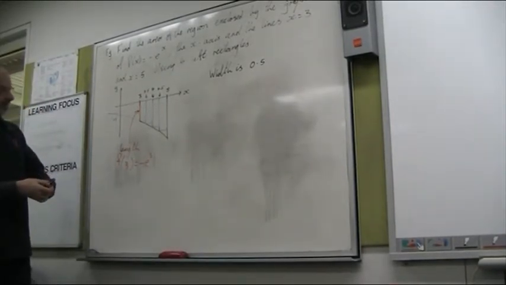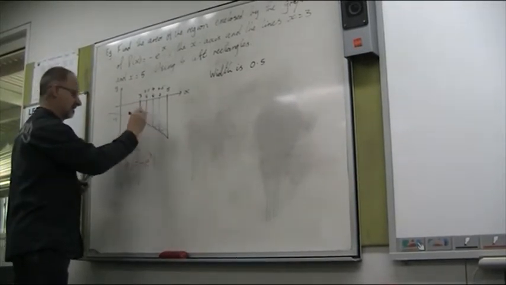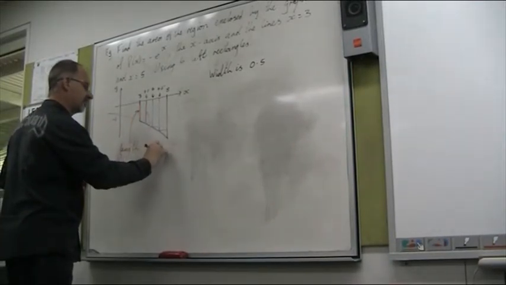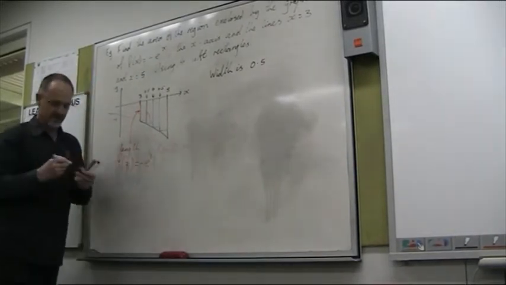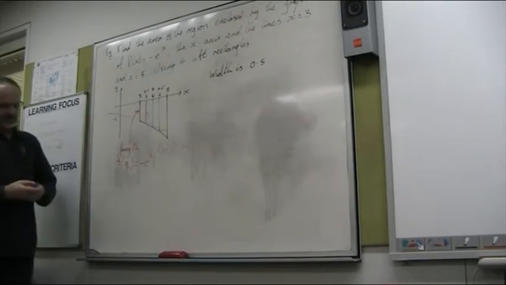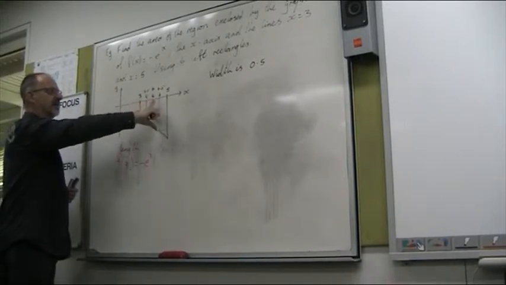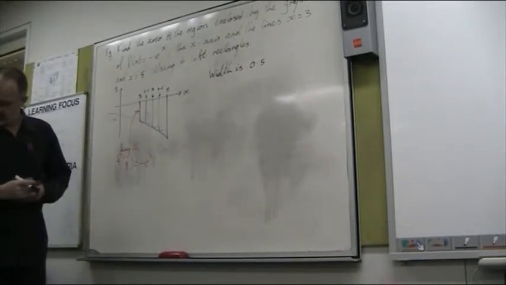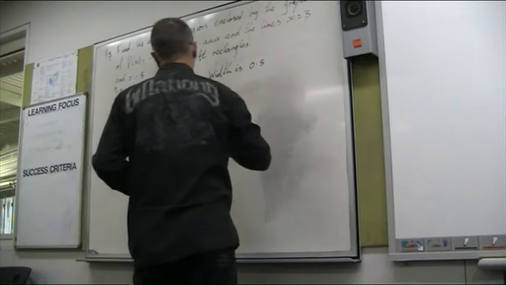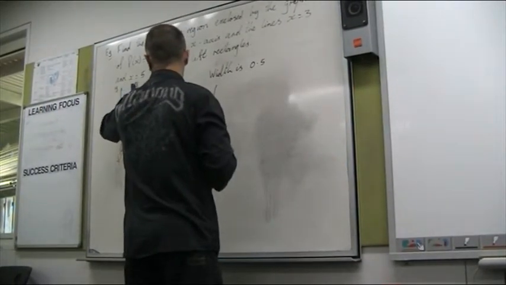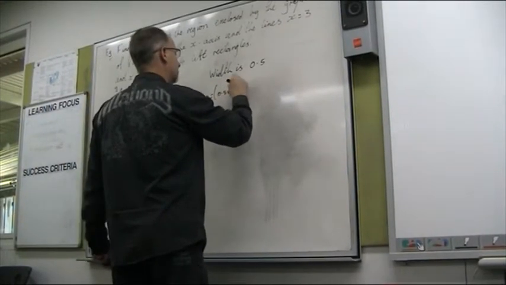And then the next one down, this length here, this red length, is f of 3.5, which is negative e to the 3.5, and so on. So the areas will be our lengths by our widths. So the area then, we need to add up length by the width, so 0.5 times negative e to the 3.